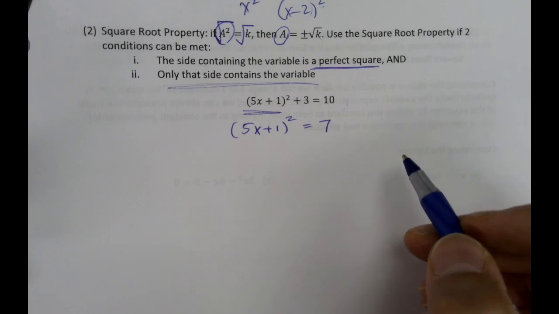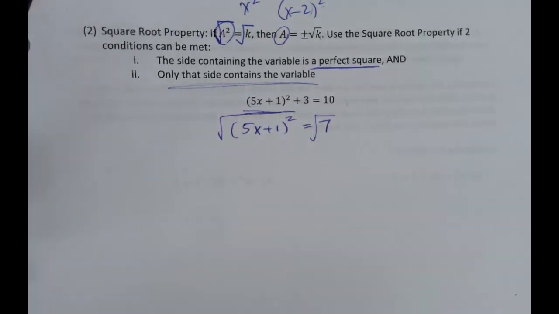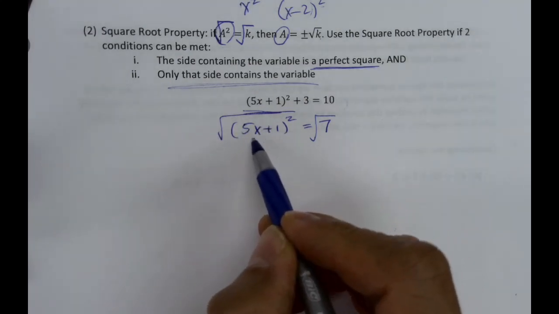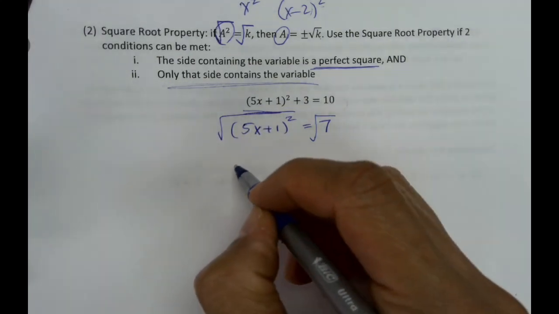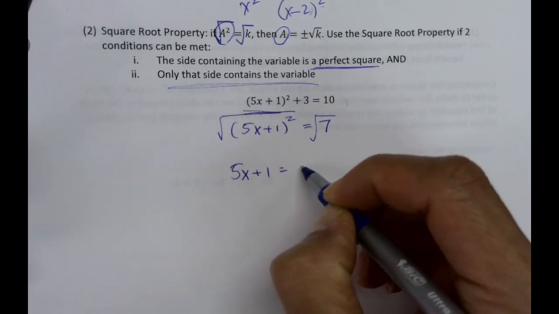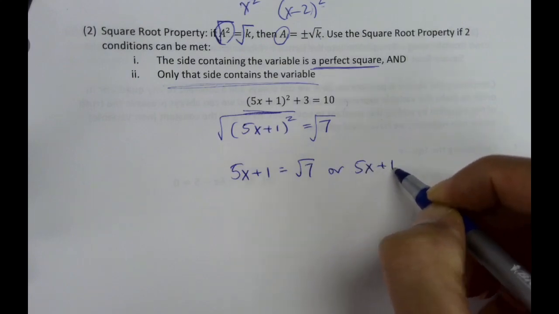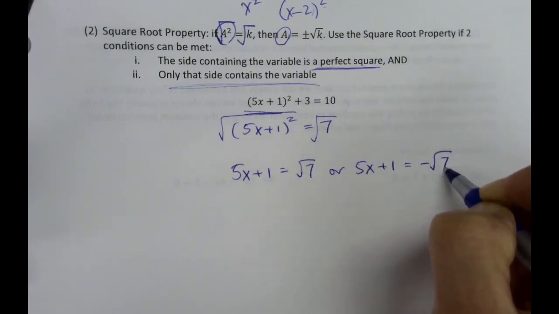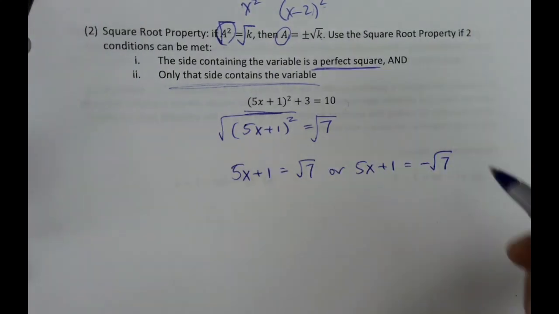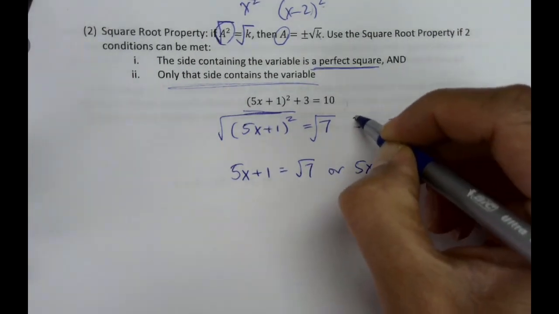So subtract 3 from both sides, then I can take the square root of both sides, because all I have here is that thing squared, so square root, and now I've got 5x plus 1 is equal to either the positive square root of 7 or it is equal to the negative square root of 7, and you could also write that as this, plus or minus root 7.